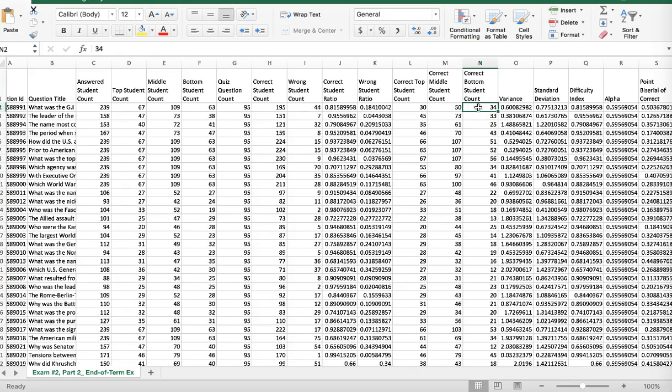And the correct bottom student count, maybe it's 50 there too. And so that would be a lot of bottom students got it correct. Or maybe it's just random all across the board. But when it goes up, then you know something's a little bit off. Maybe it's tricky. Maybe people are just randomly guessing. So the proportion and the pattern is off. So it's going to alert you to that.